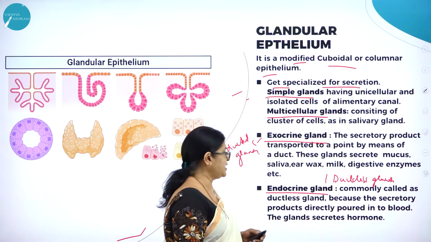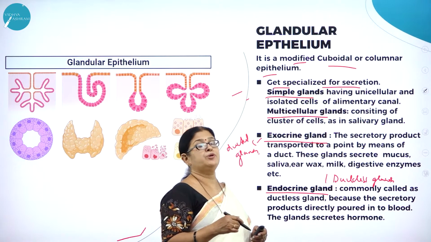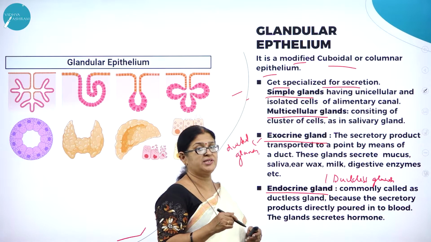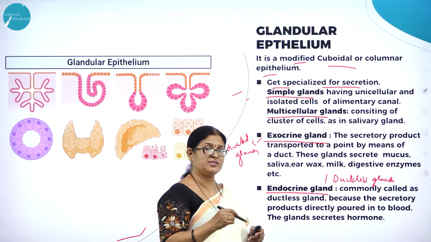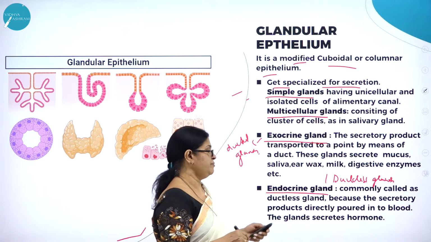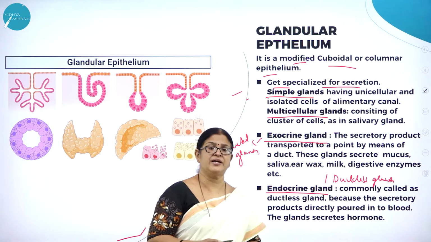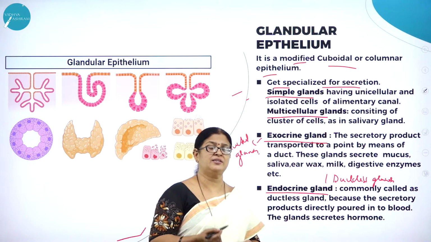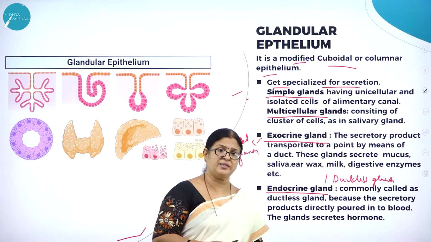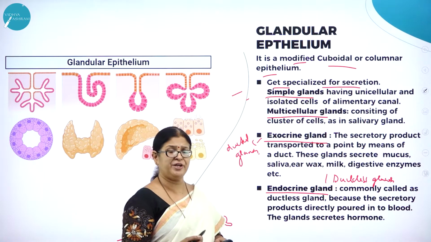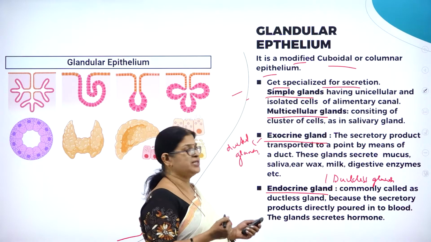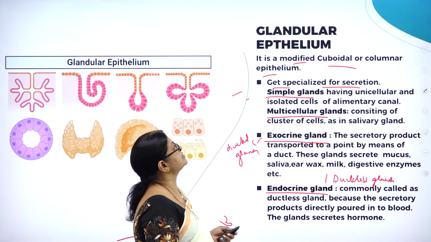Why are they called ductless glands? Because the secretions do not pass through ducts, but the secretions called hormones, the chemical substances, are directly poured into the bloodstream. Endocrine glands include the adrenal gland, thyroid gland, testes, ovary, parathyroid, pineal gland, pituitary and hypothalamus.